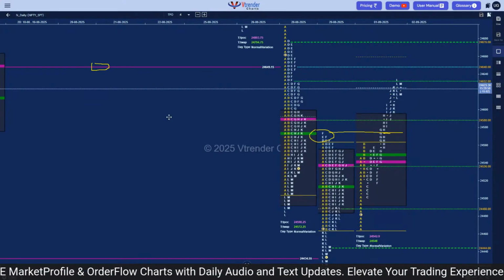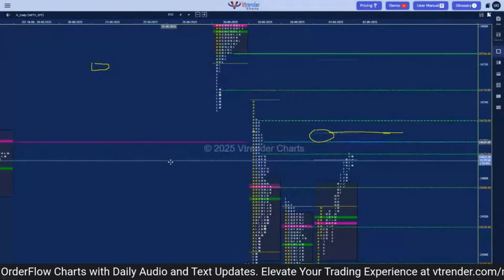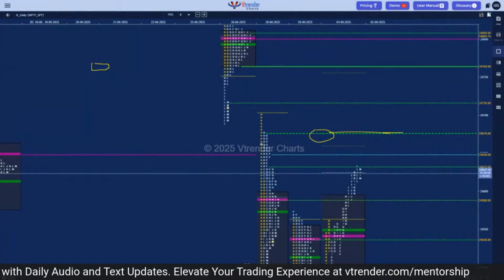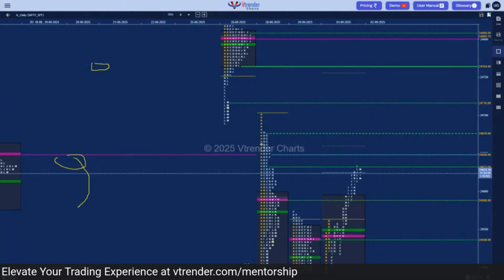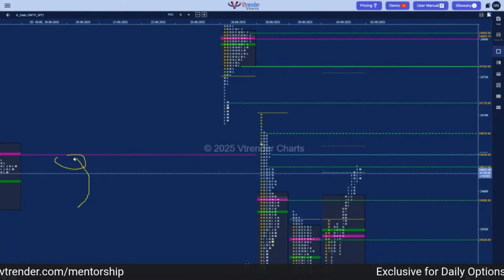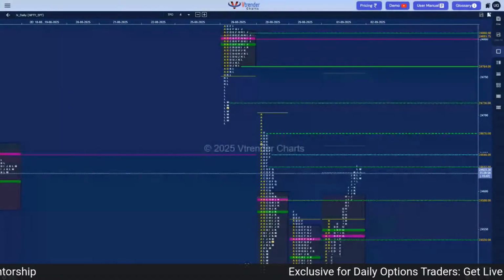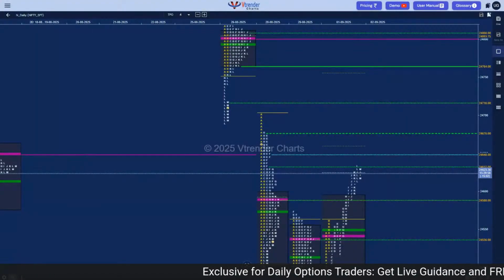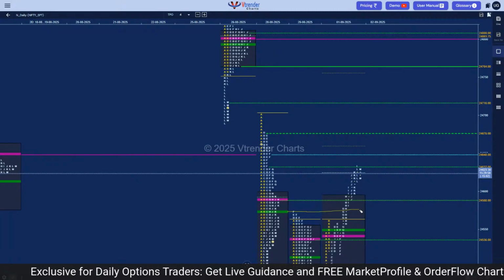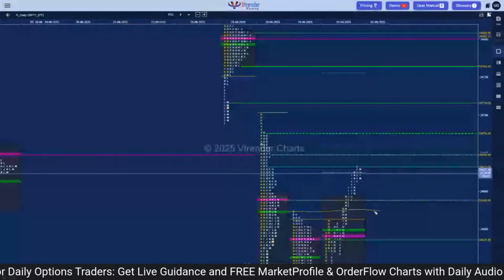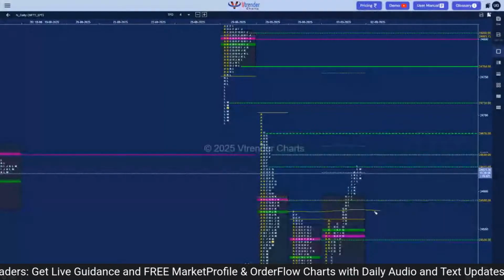So those would be our upside targets in Nifty spot. This 24572 is our immediate support for this week and also for tomorrow's settlement.